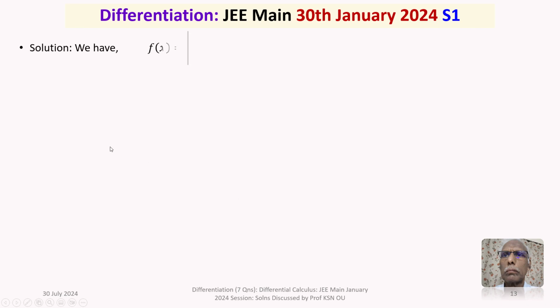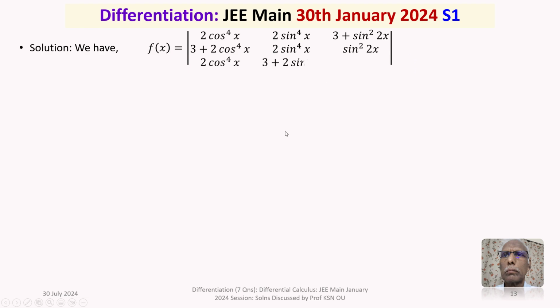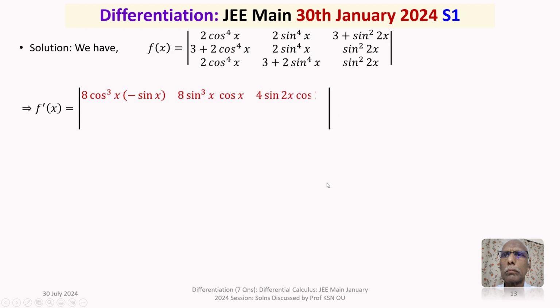Right. So we have f of x as this 3 by 3 determinant whose entries are trigonometric functions. Now apply f prime x, that is the differentiation of the determinant.